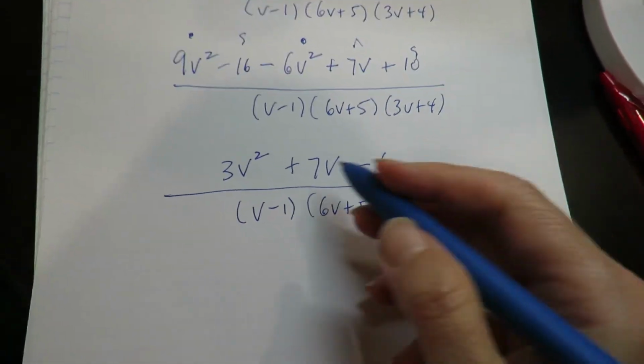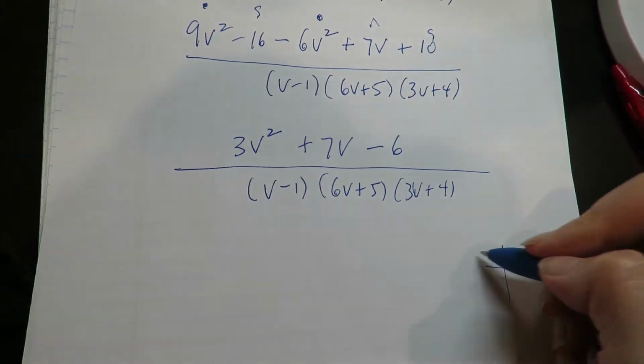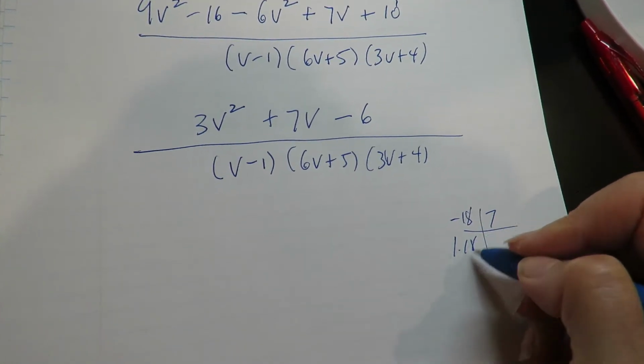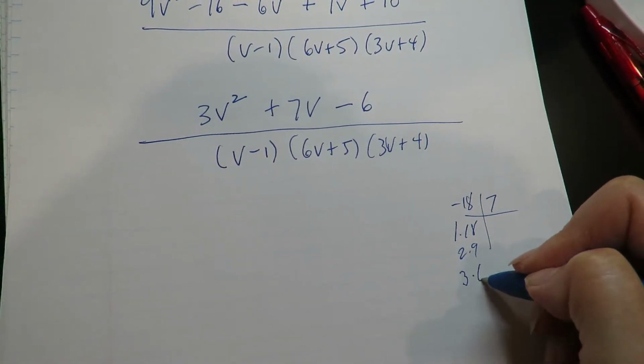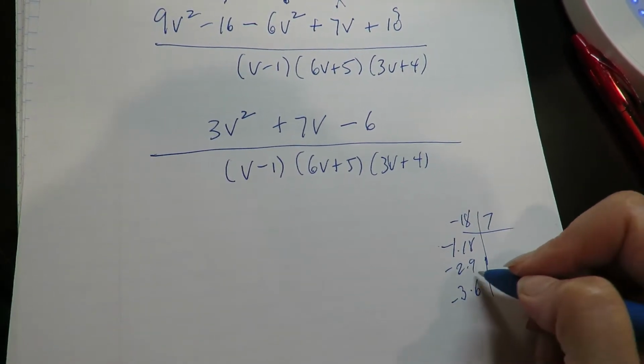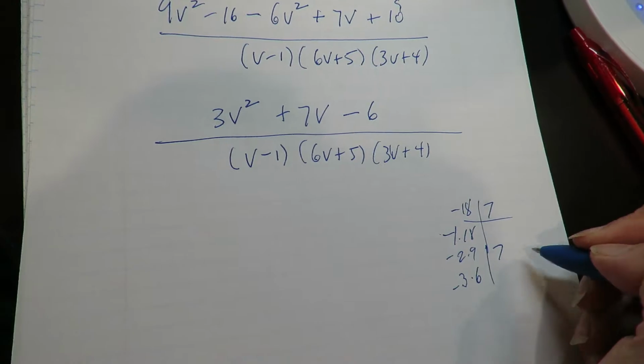And again, at the very end, I asked you to check. So this one would multiply to negative 18, add to 7. That's not going to happen. You don't have any combinations that make that. Oh, you do. My bad. Negative 2 plus 9. You've got that one.